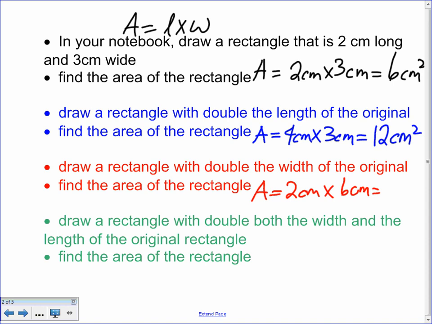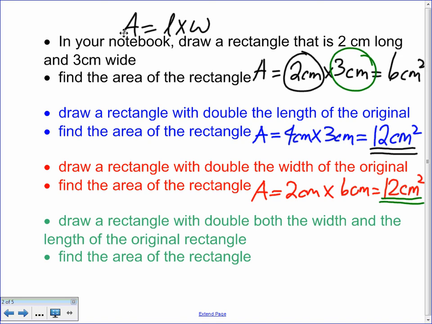We now have an area of 12 centimeters squared. I want to point out that if we double just the length, we've doubled our area. If we double just our width, we've doubled our original area.